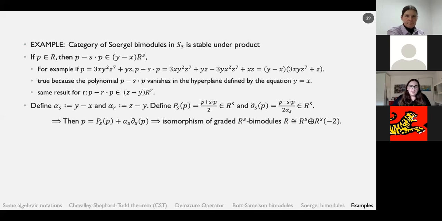We can define alpha S to be y minus x and alpha R to be z minus y.